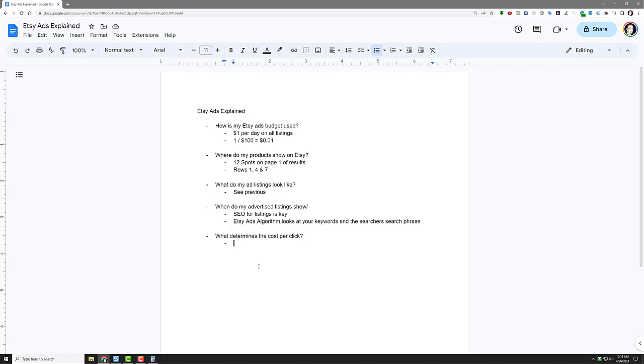So what determines the cost per click? Etsy. So we are really putting everything in their hands. The more expensive products actually cost more per click. Less expensive costs less per click.